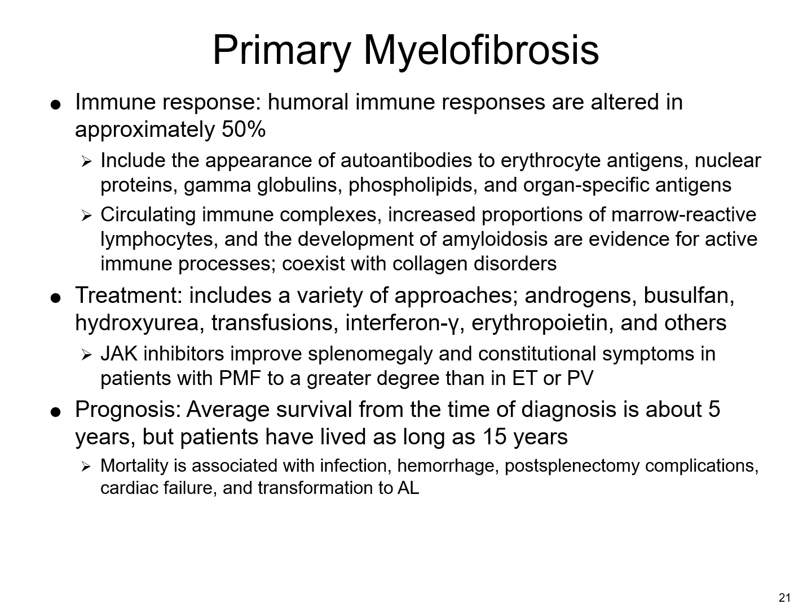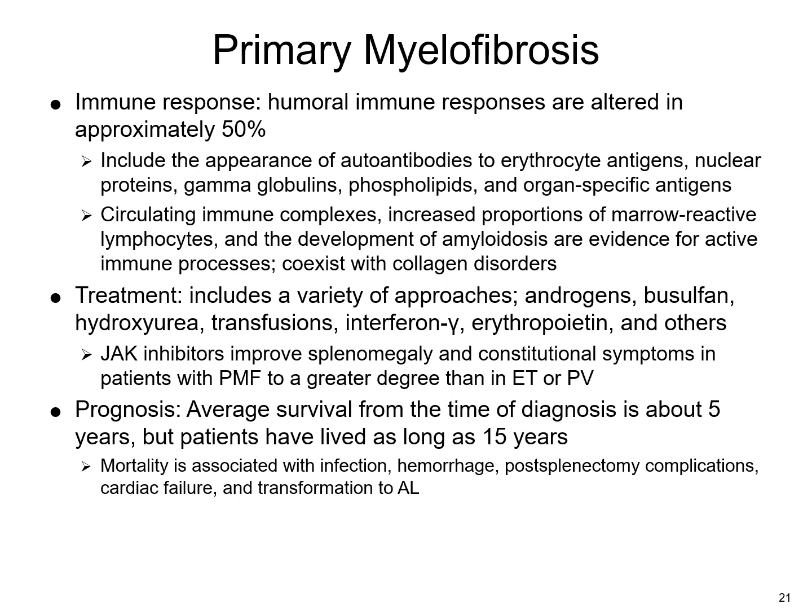And so there are these circulating immune complexes, increased proportions of bone marrow reactive lymphocytes, and the development of amyloidosis, or evidence that there's an active immune response that has taken place.